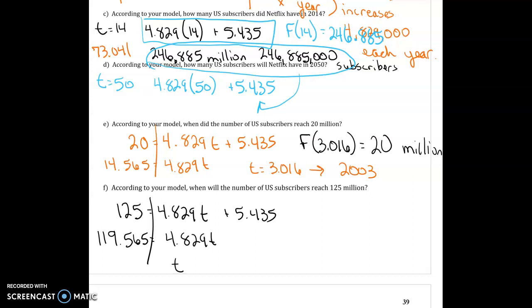And then you're going to divide by the 4.829 value, and you get this. So it's about 24, really close to 25 years, but in the year 2024. Going with function notation, my function, if x is this value, or in this case T, I would have 125 million subscribers.